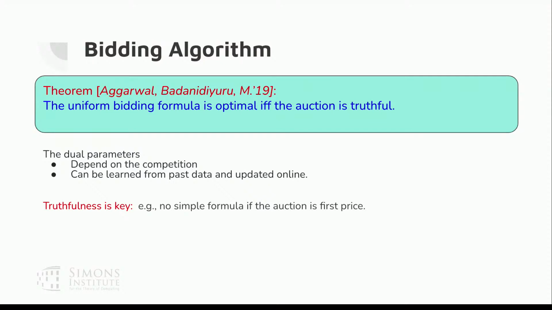In a practical system, you can learn this from past data. You can have online algorithms to do that. But it's interesting that you can now connect the truthfulness, the incentive compatibility of the underlying auction, with the ease of bidding optimally. So for example, if the underlying auction was a first price auction, then you don't have such a nice formula, because then you want very detailed bidding in that case.